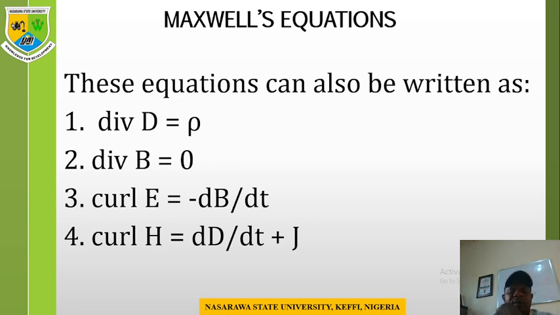The third one can be written as curl E is equal to minus dB/dt. And the fourth, curl H is equal to dD/dt plus J. So this is another form of writing the four Maxwell's equations. If you write them in this form, you are also very correct.